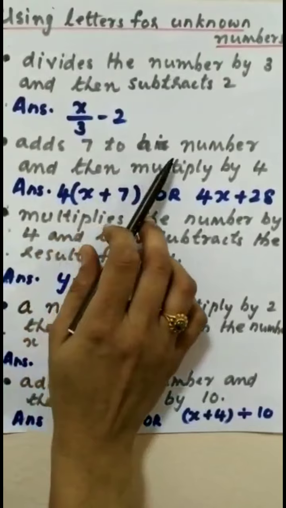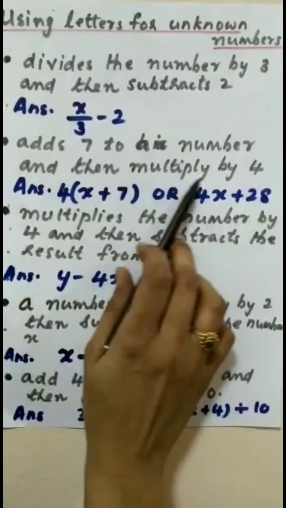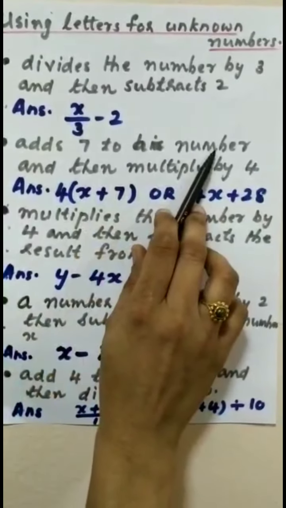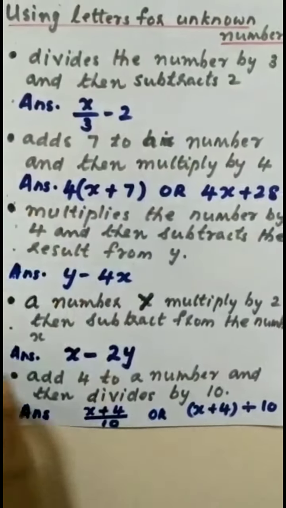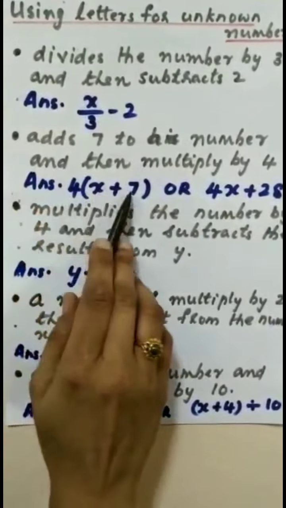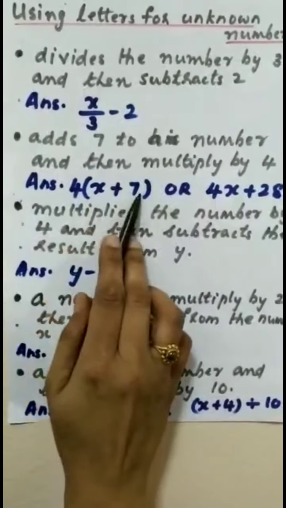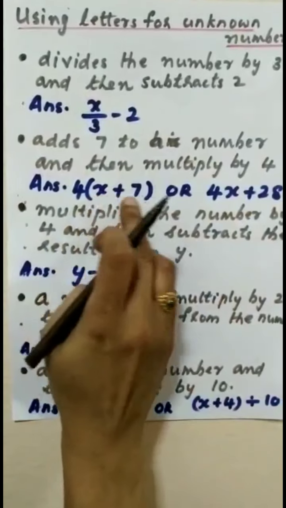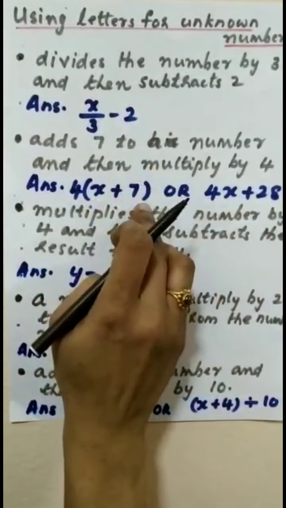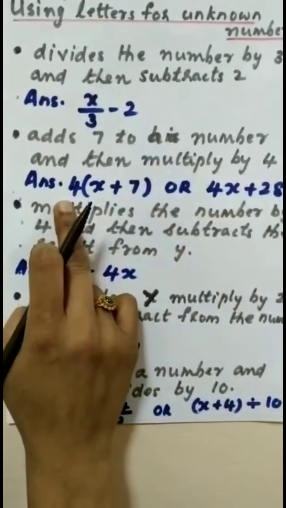Add 7 to a number and then multiply by 4. A number means a variable, so here also taken as x. 7 added to a number means x plus 7. Then multiply by 4. Multiply both the variable and the number, so we have to use the bracket, and first we have to write 4.